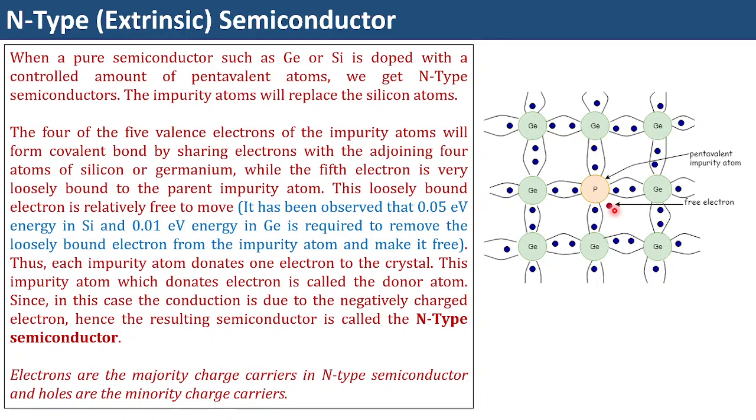This is free to move anywhere, and hence the conductivity increases. And since the carrier here is the extra free electron which is carrying a negative charge, from that negative charge we call it an n-type semiconductor, because you have got additional electrons, and electrons have got negative charge.